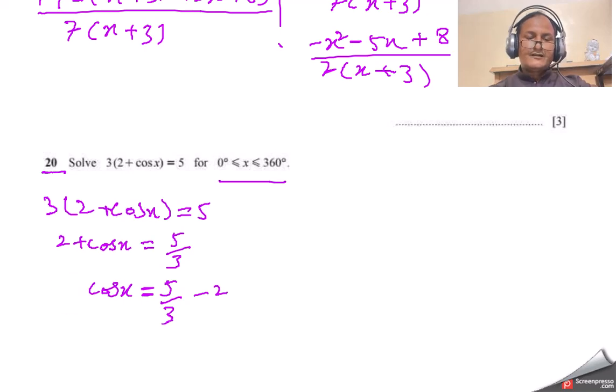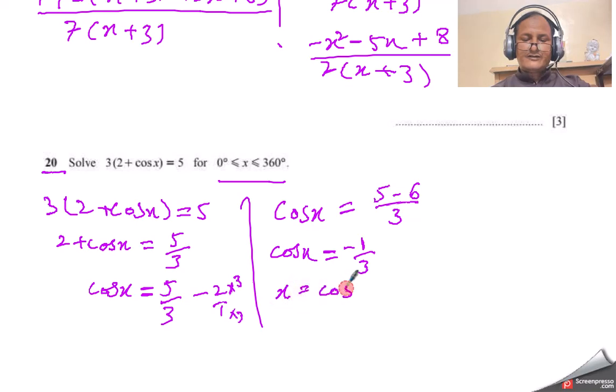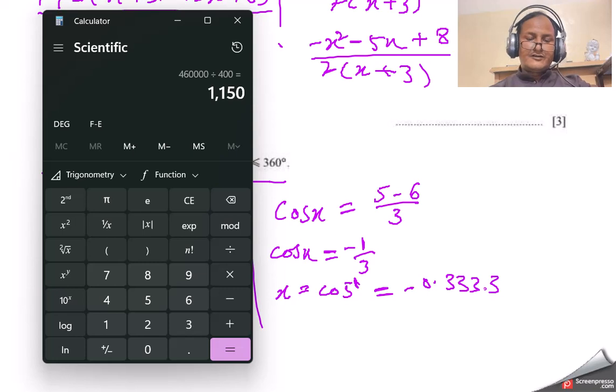Now multiplying by 3, we have cos x equals (5 minus 6) by 3, so cos x equals negative 1 by 3, and x equals cos inverse of negative 0.333, which is basically non-terminating.